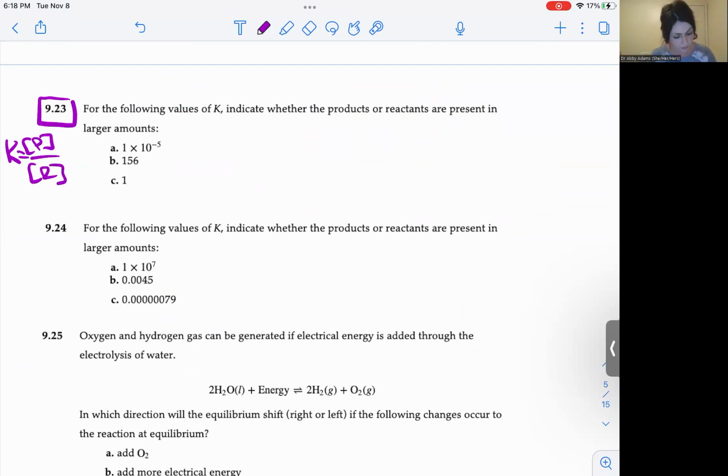If our K is greater than 1, then we must have more products. And if our K is less than 1, we must have more reactants. That's because we have more in the denominator, right?